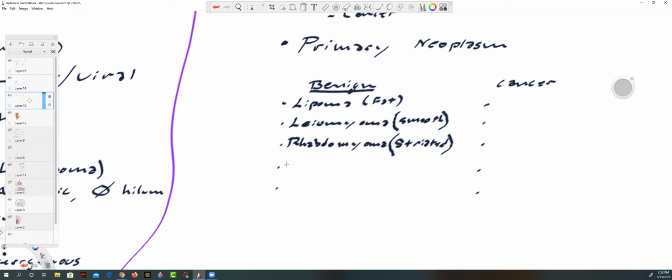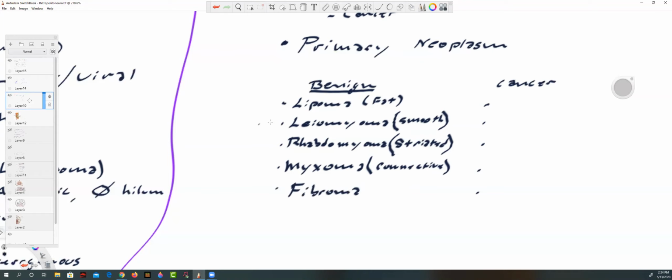Oh, myxoma. That's certain types of connective tissue. And the last one is a fibroma.